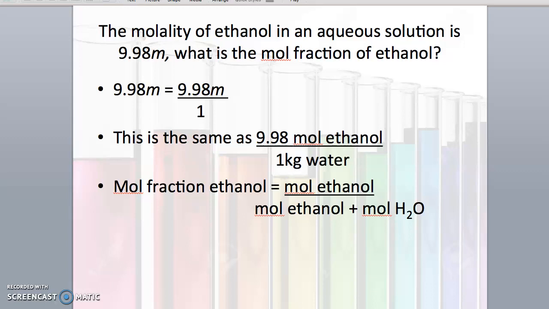Really understand what the units are for each. Know what mole fraction is so you can write it out. And the key thing here is that we can take any number and divide by 1, and we haven't changed that number. And we can really use this to our advantage because these all end up being fractions, and we can have 1 in the denominator.